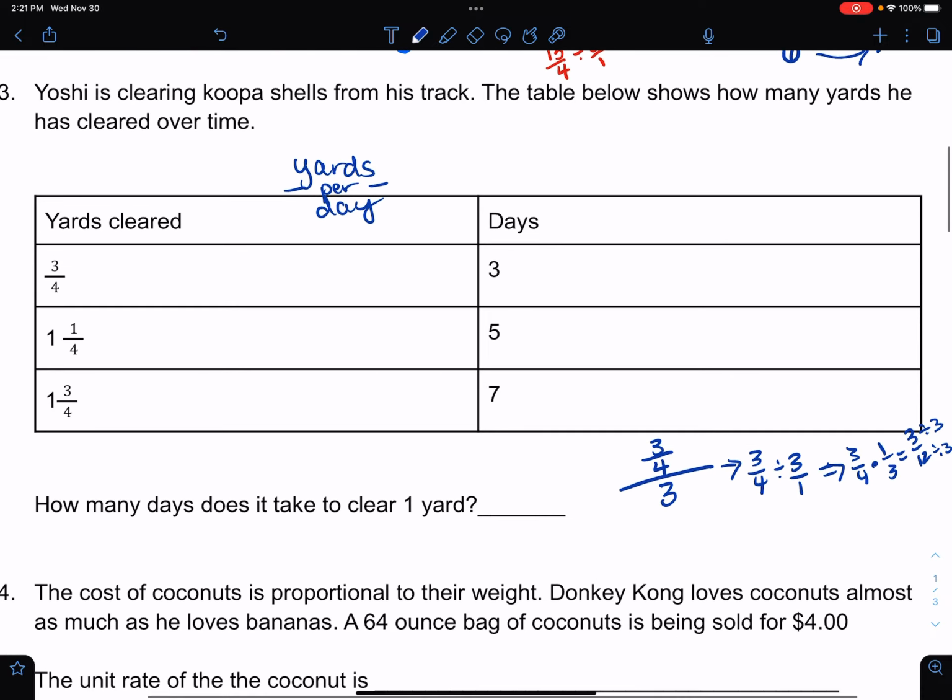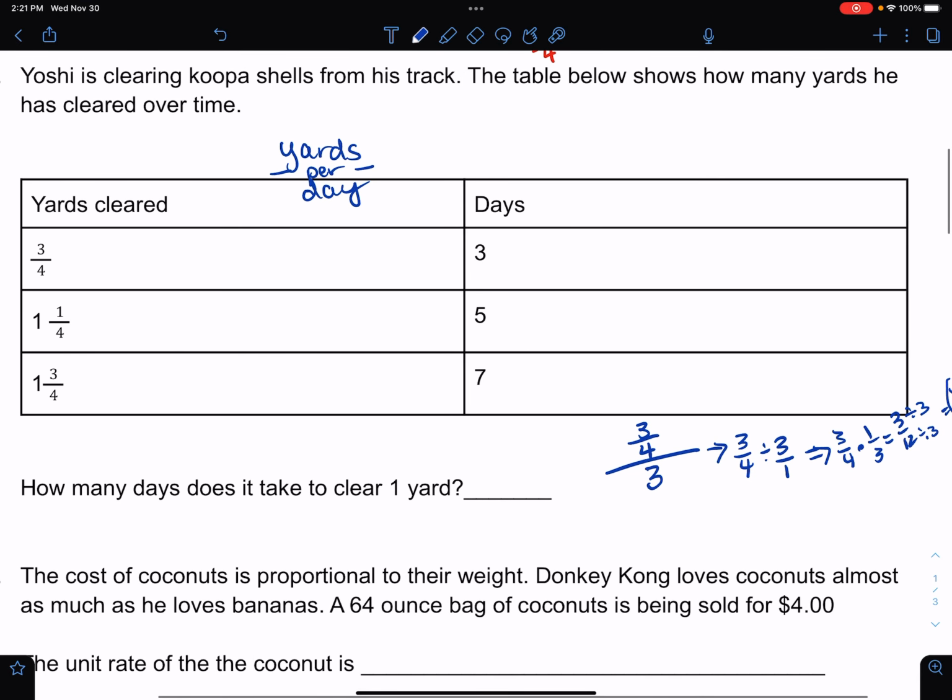Okay, so it's saying it'll take 1/4 of a day to clear 1 yard. That doesn't make sense. Why doesn't it make sense? Because it's saying it doesn't even clear a whole yard in 3 days.